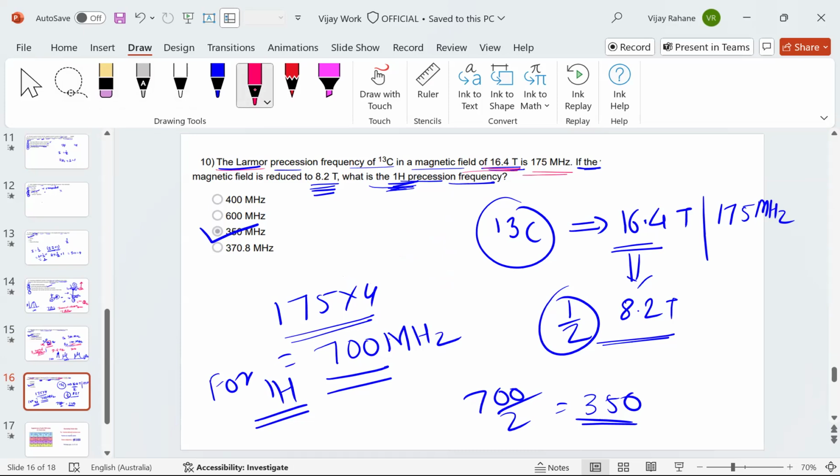Sir, I don't understand why we multiply with 4 actually. Wait a minute, I will open the PDF of this one, where they have given some formula.